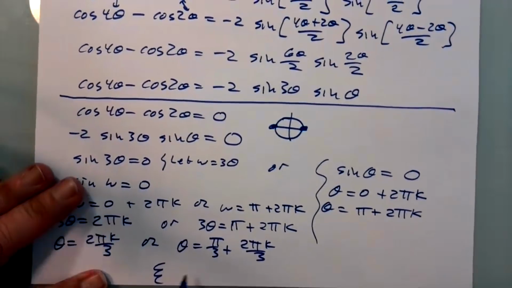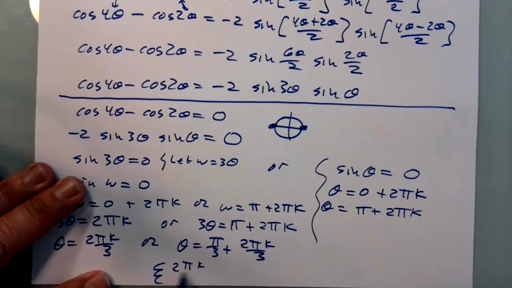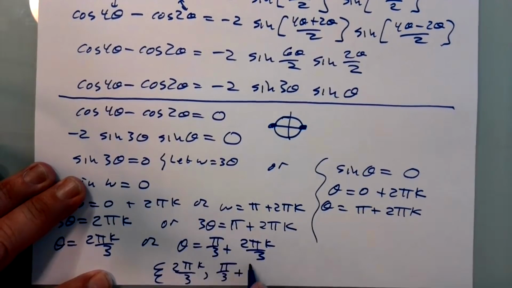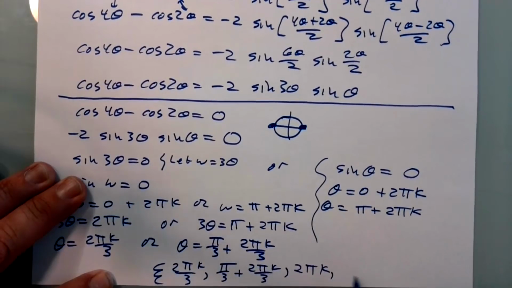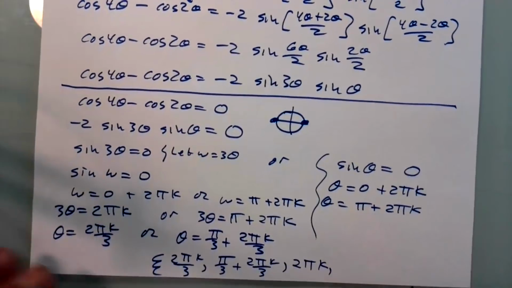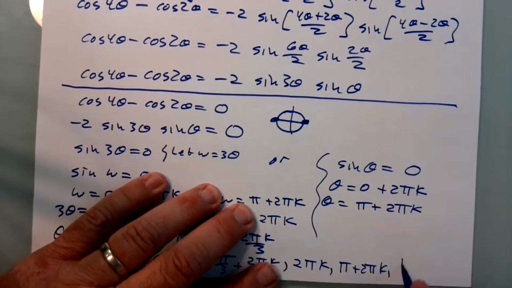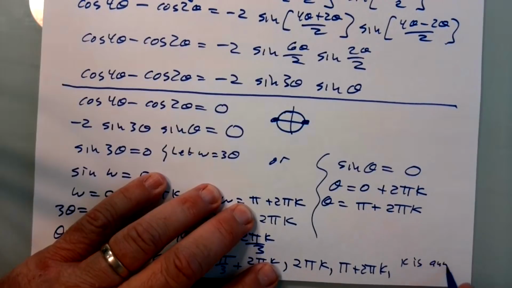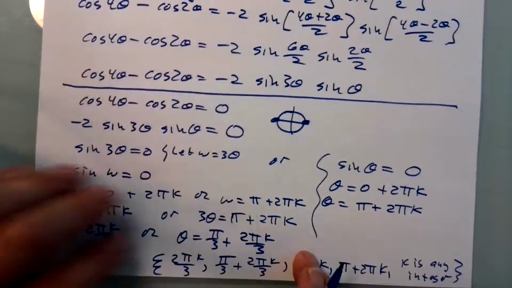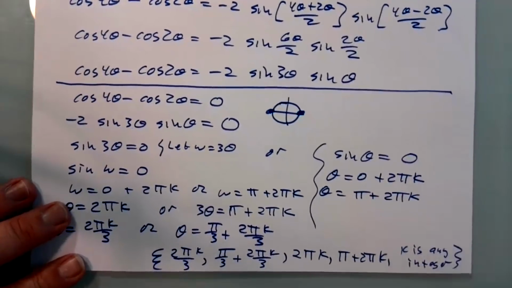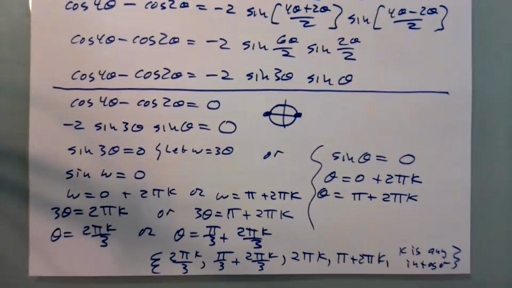We have 2 pi k over 3, comma, pi over 3 plus 2 pi k over 3, comma, 0 plus 2 pi k, which is just 2 pi k, comma, pi plus 2 pi k. And remember, k is any integer, and I'll move my hands so you can see that final solution.